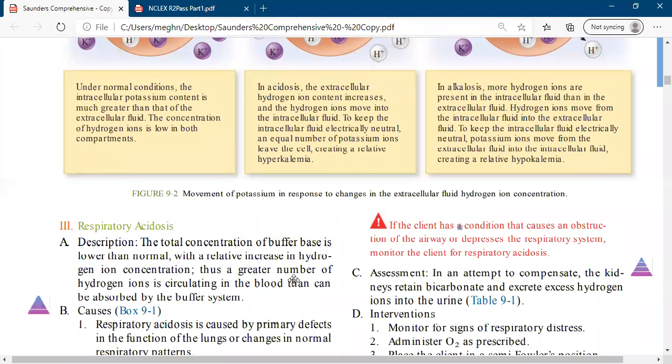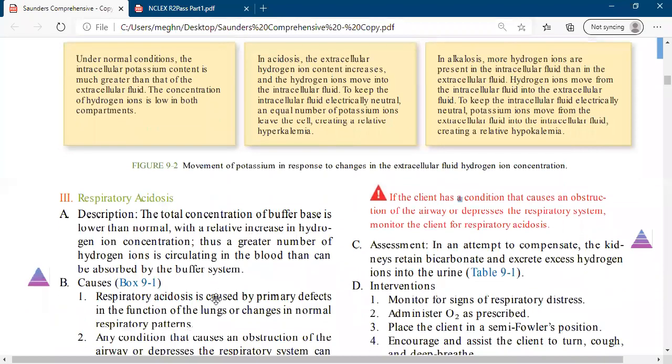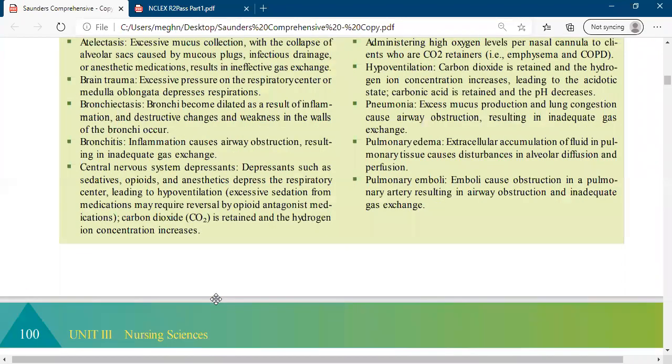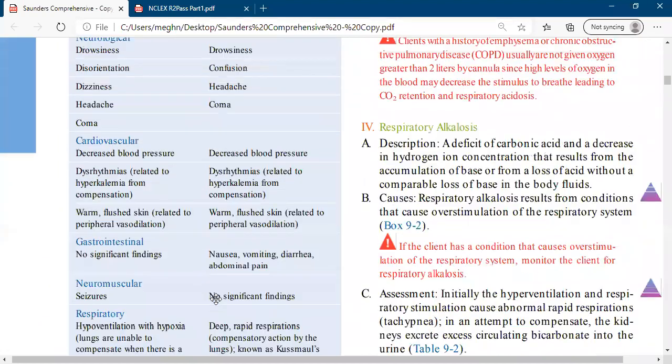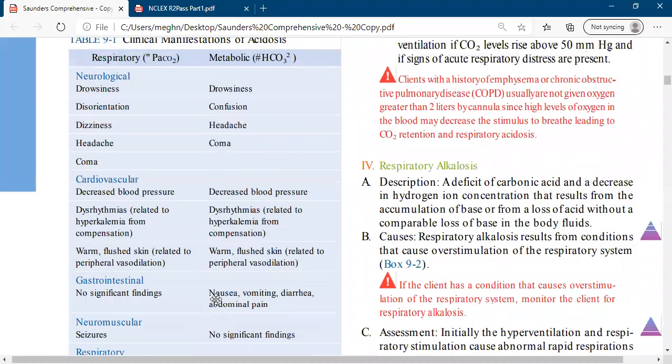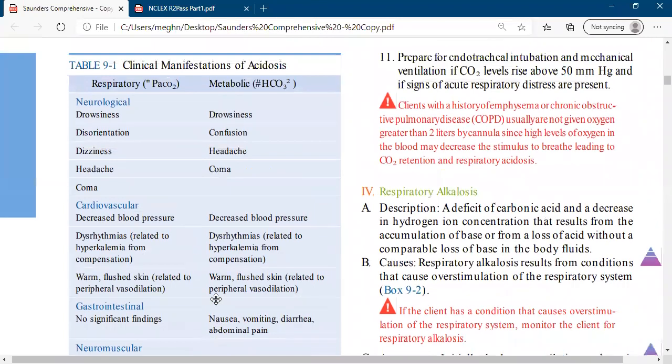Thus, a greater number of hydrogen ions is circulating in the blood and can be absorbed by the buffer substances. So basically there are four terms: respiratory acidosis or alkalosis, or metabolic acidosis or alkalosis.